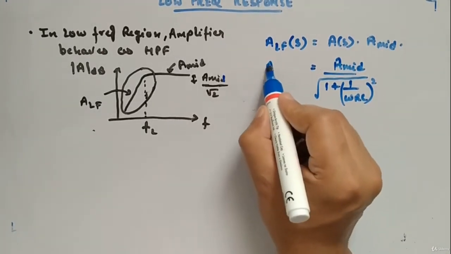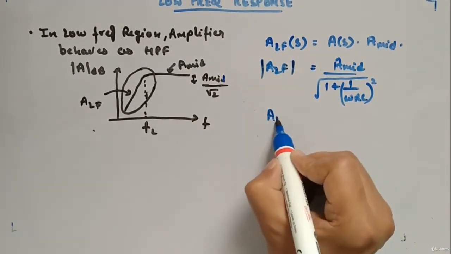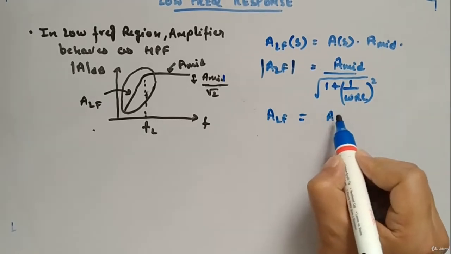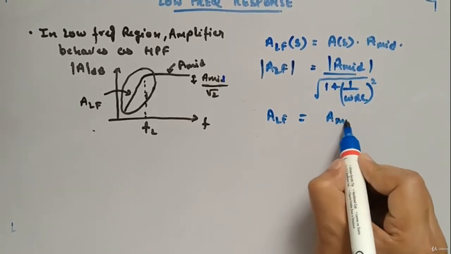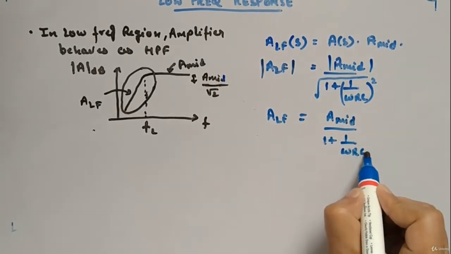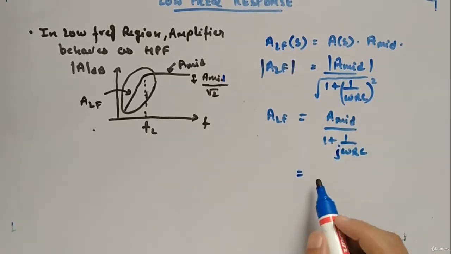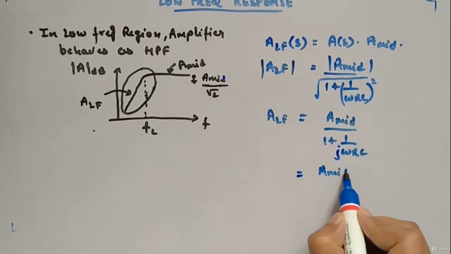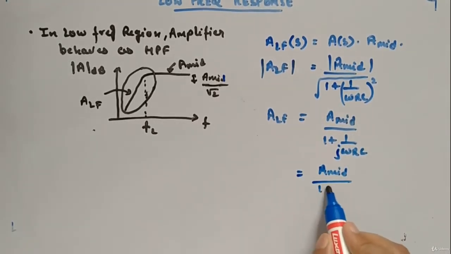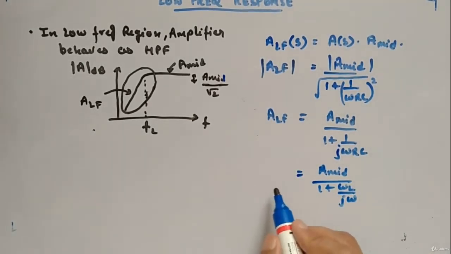This is the magnitude of A_LF. Or you can write it without magnitude as A midband divided by 1 plus 1 divided by omega RC J. 1 by RC you can replace with omega, or in this case we will call it omega L. So it is dependent upon omega, or you can write it in frequency.